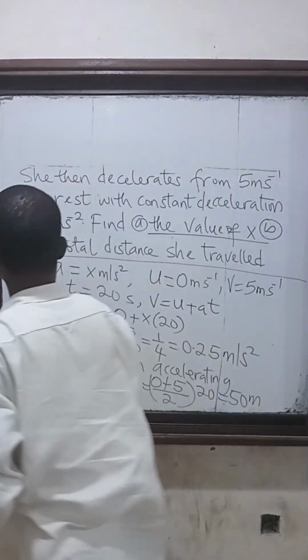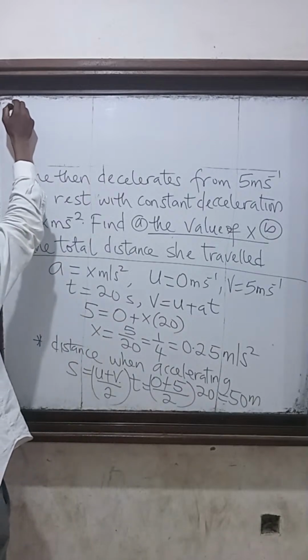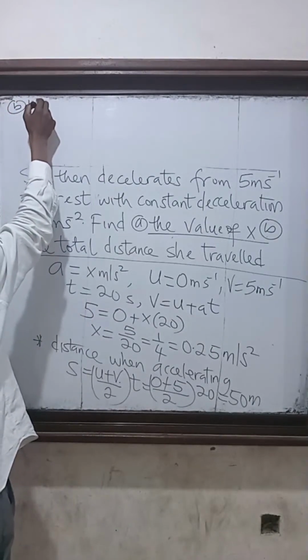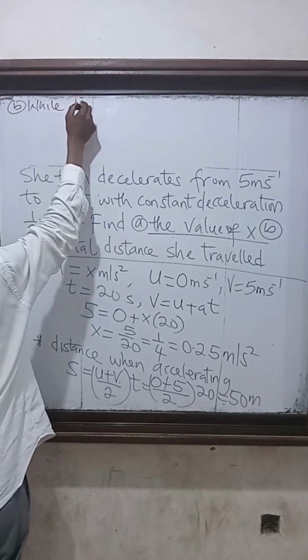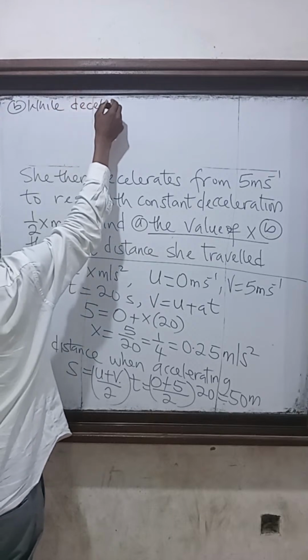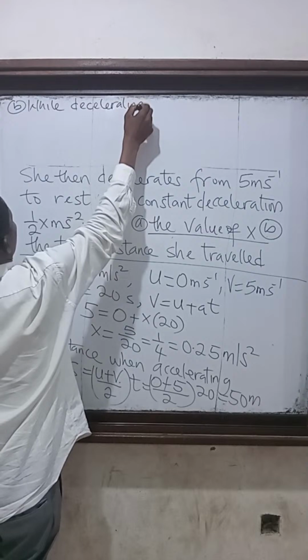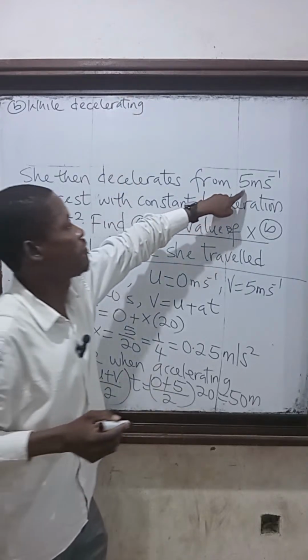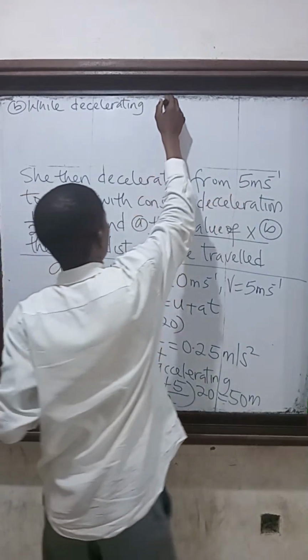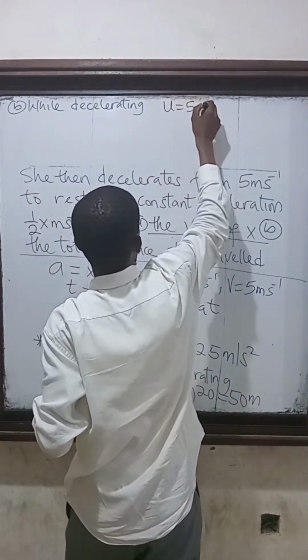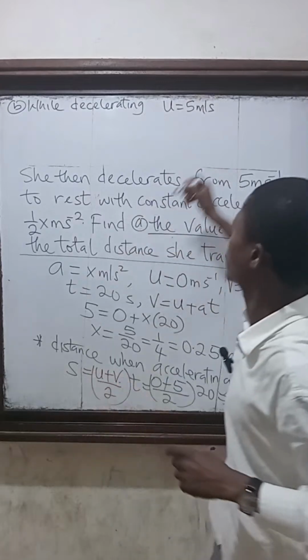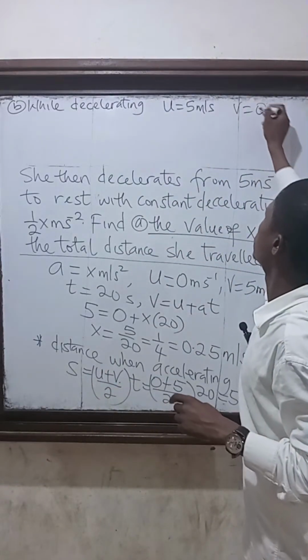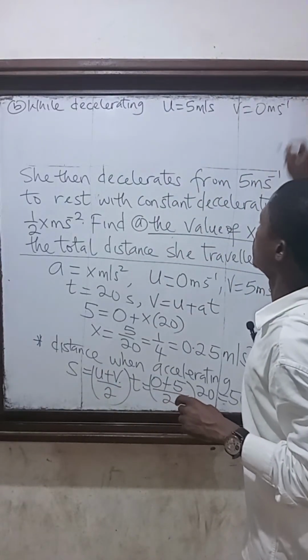So when decelerating, why decelerating? We have from 5 meter per second, u is 5 meter per second, to rest. v is 0.